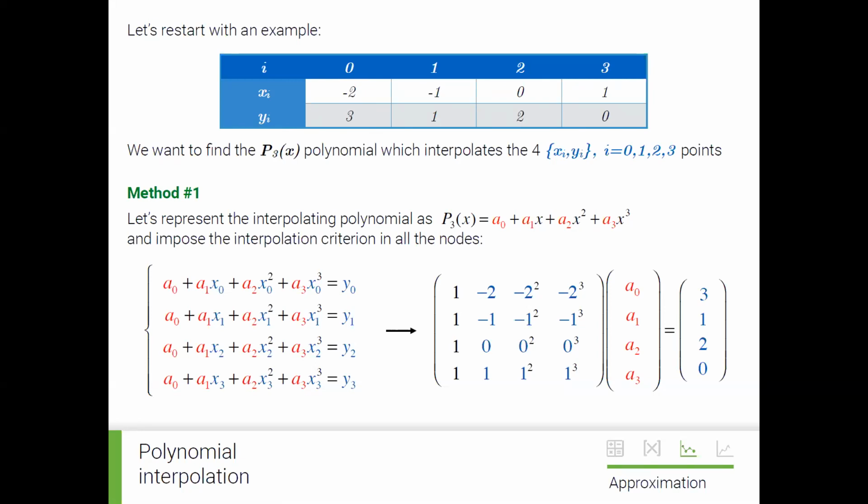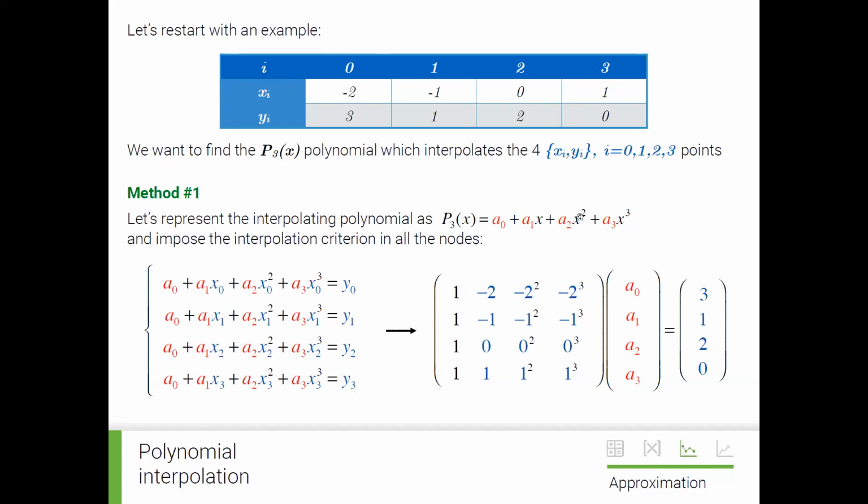Now, first method. Let's represent the interpolating polynomial in this case as a polynomial. What was this kind of polynomial? Lagrange polynomial, yeah? So in this case, the unknown coefficients are A0, A1, A2, and A3. And now, from this polynomial, we can find the system with these nodes xi.